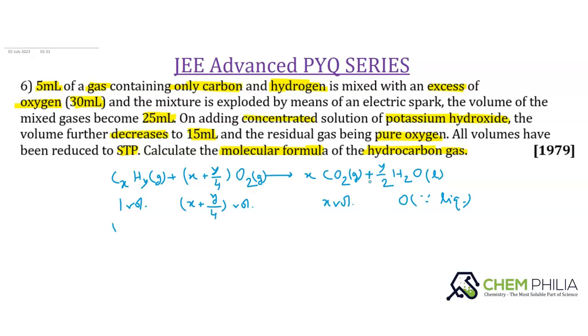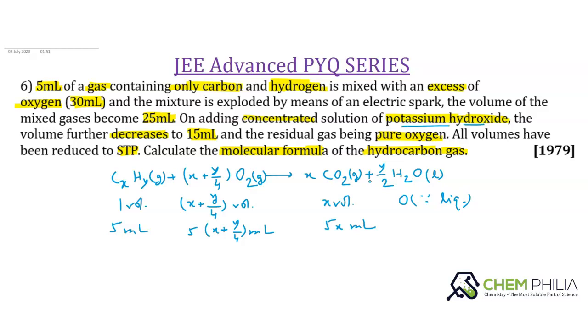Clear? Now, according to the question, the hydrocarbon volume is 5 ml. So one volume is 5 ml. So x plus y by 4 volume will be 5 into x plus y by 4 ml, and CO2 will be 5x ml. So all the volumes are converted into milliliter. Now, you must remember one thing.